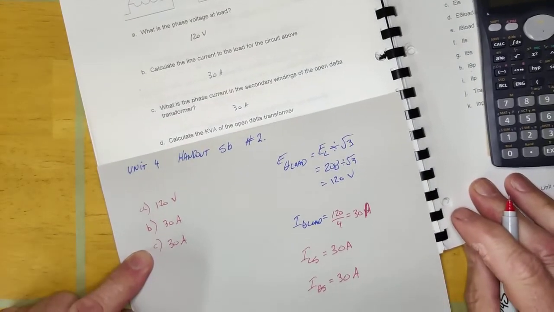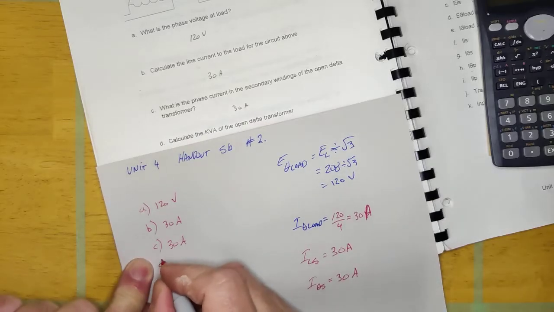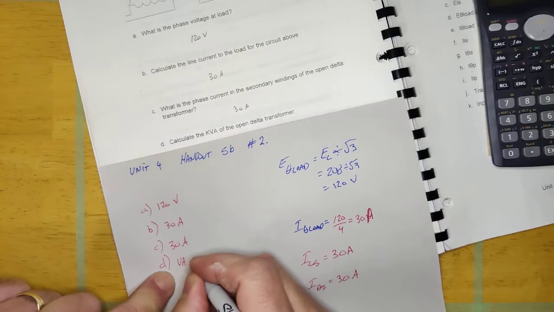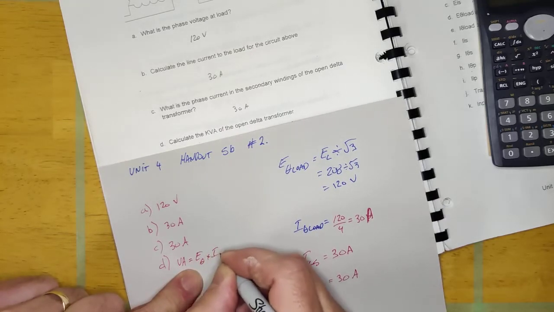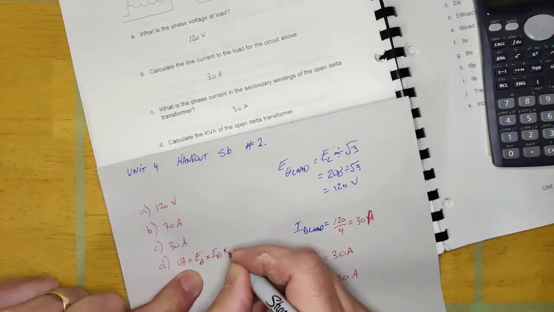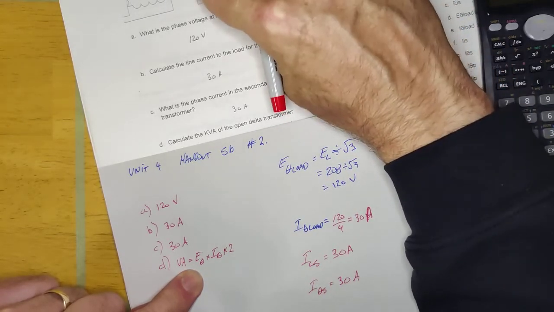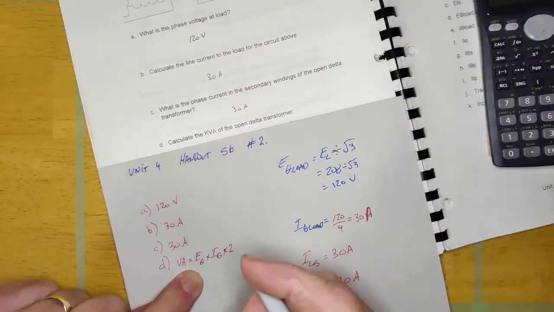D, calculate the kVA of the open delta transformer. Well, to calculate the kVA of an open delta transformer, the VA is equal to E phase times I phase times 2. Okay, you're calculating the kVA of one of these, the voltage times the current, times 2, because there are 2.